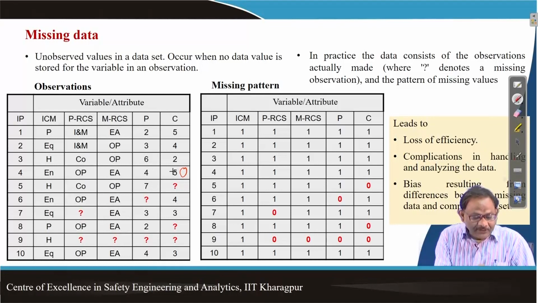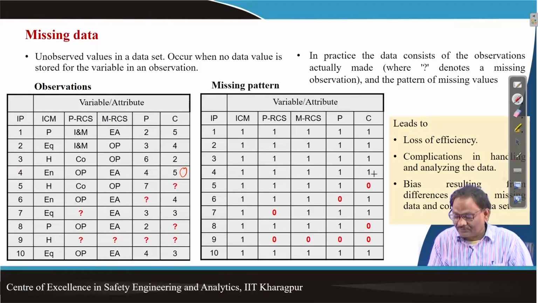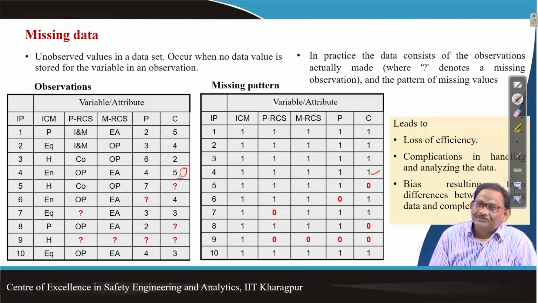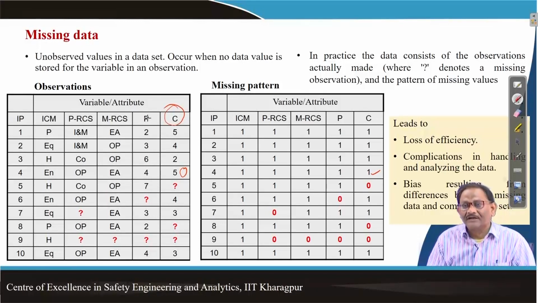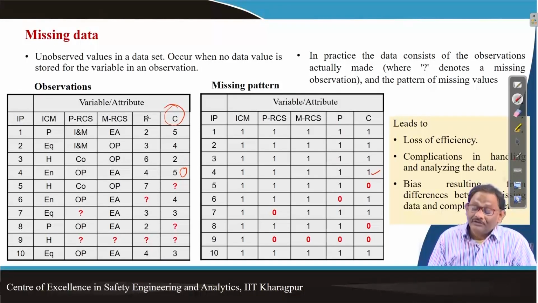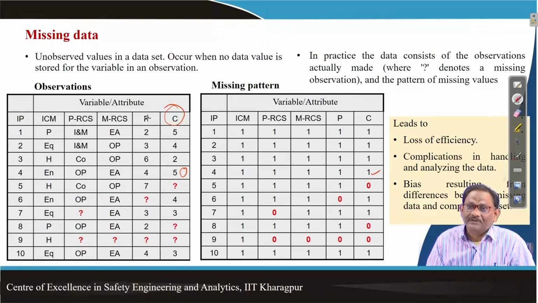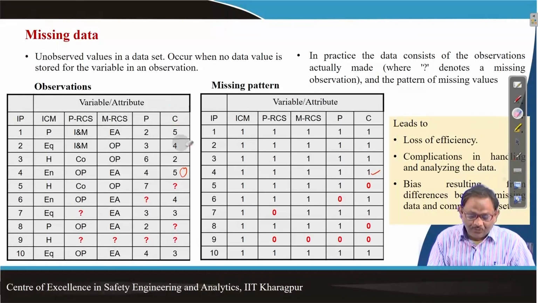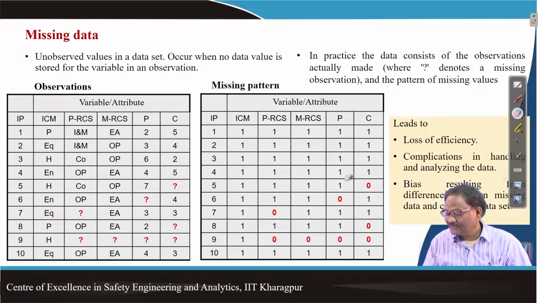In the original table, if this is 0 instead of 5, then in the missing pattern it will still be 1, because 0 was observed, provided the variable or attribute you have considered can assume 0 values. If it cannot, then you can think it might be a missing one, where someone by mistake put 0. I hope you got the idea of missing data.